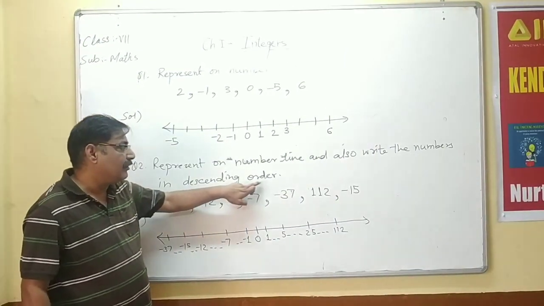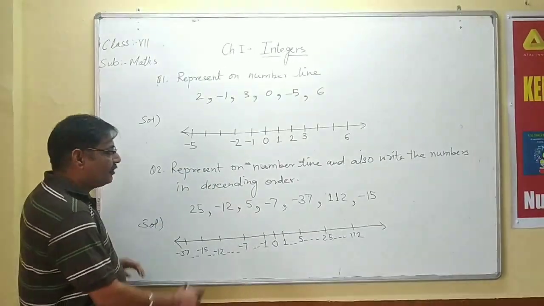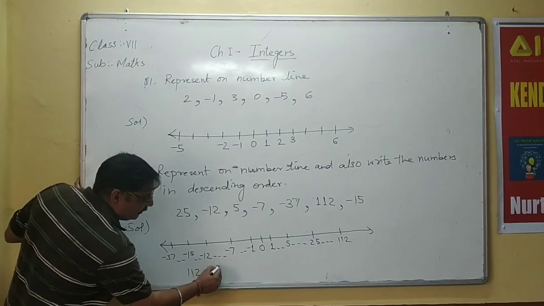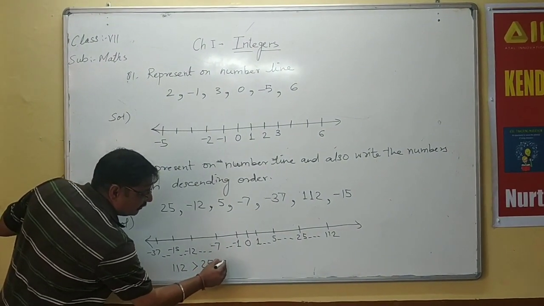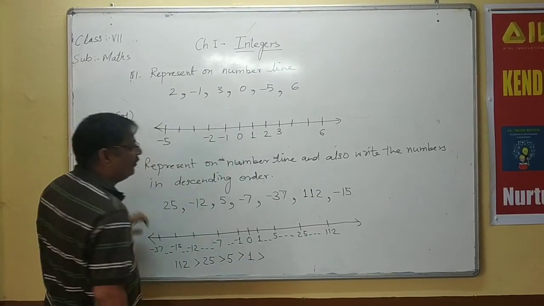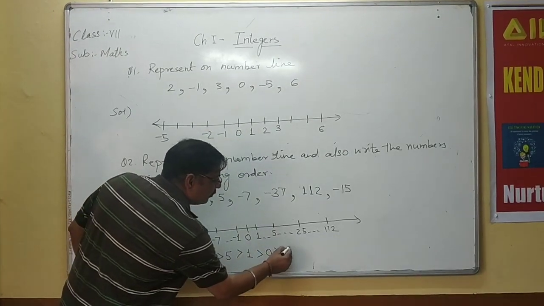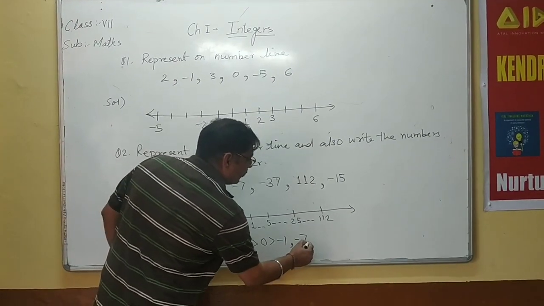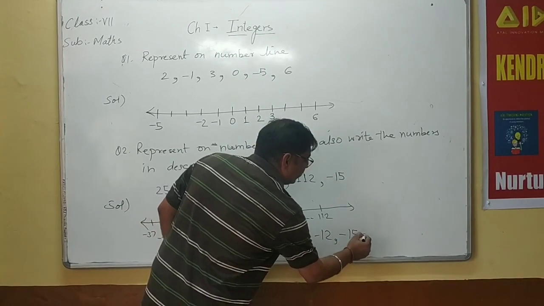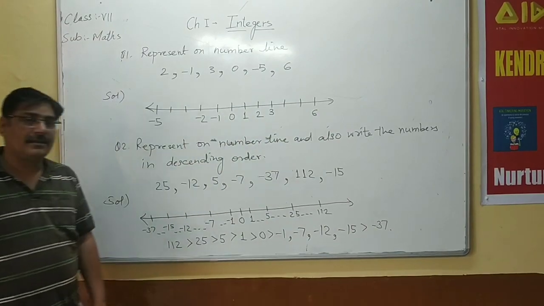So if you want to write the numbers in descending order, descending means from bigger to smaller. The greatest number here is 112. 112 is greater than 25, this is greater than 5, this is greater than 1, this is greater than 0, -1, -7, -12, -15, and this is greater than -37.